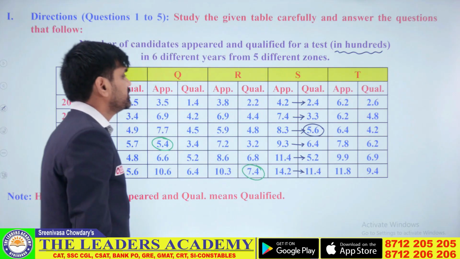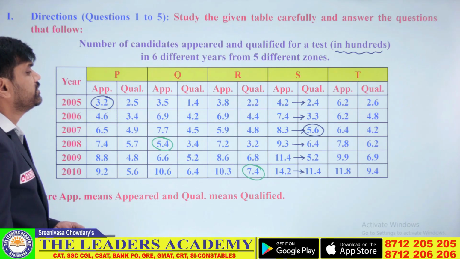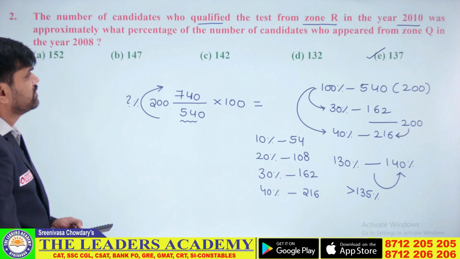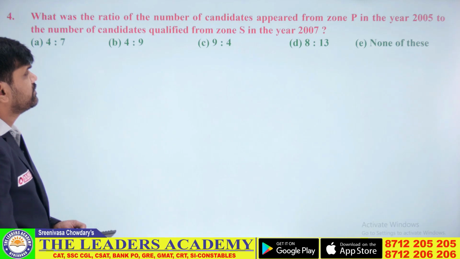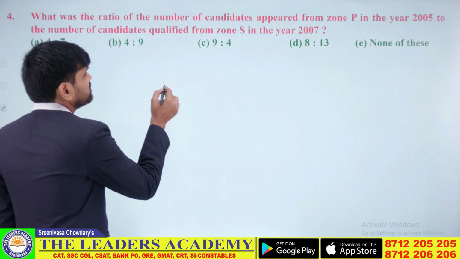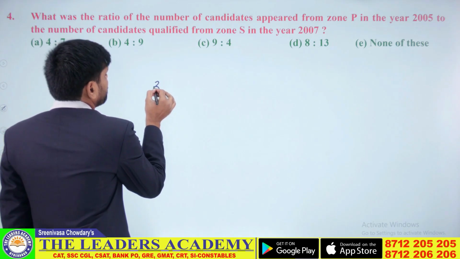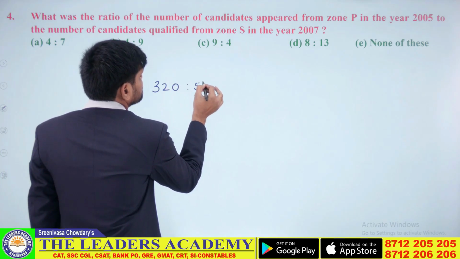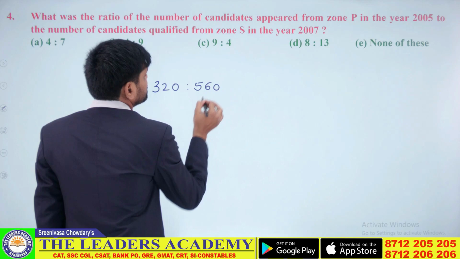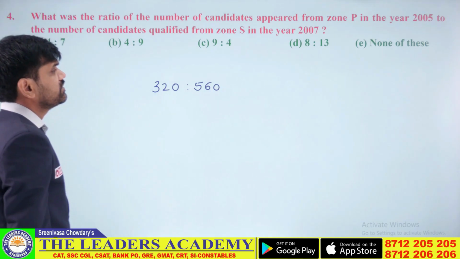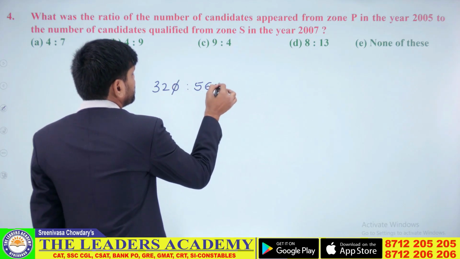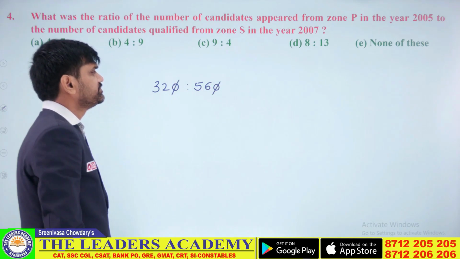So what is the ratio? So 3.2 is to 5.6, so 320 is to 560. That's what we want. As none of these is there, we preferably go for cancellation over here.